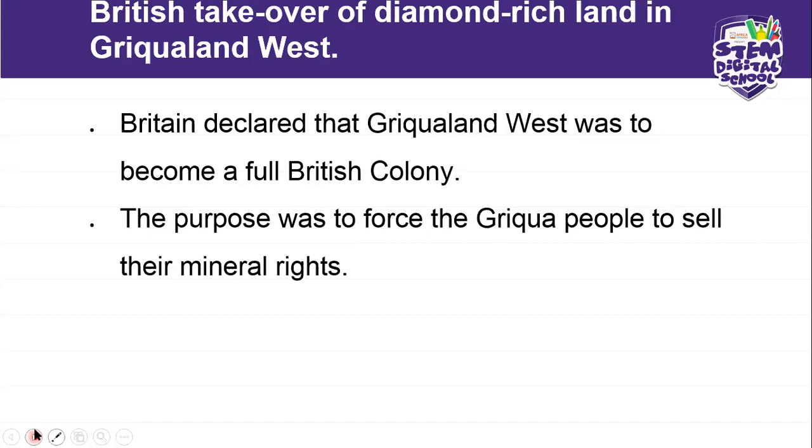The reason was that they wanted to take all the diamonds that were there. The purpose was to force the Griquas people to sell their mineral rights. So that was their main agenda behind that. They wanted the area to be a British colony, and then to force the Griquas people who were living there to sell their mineral rights.